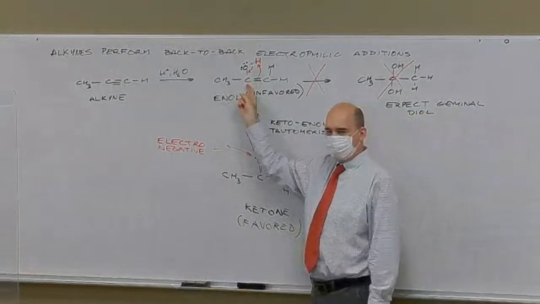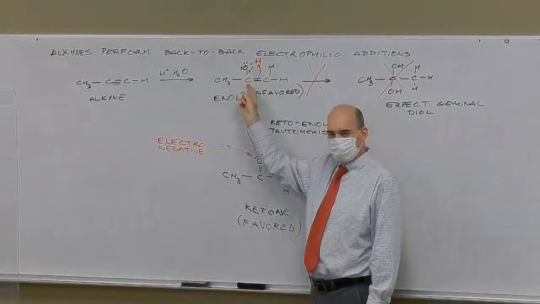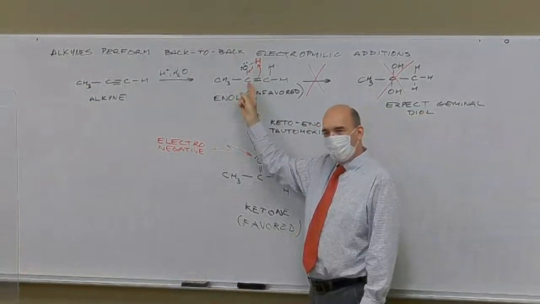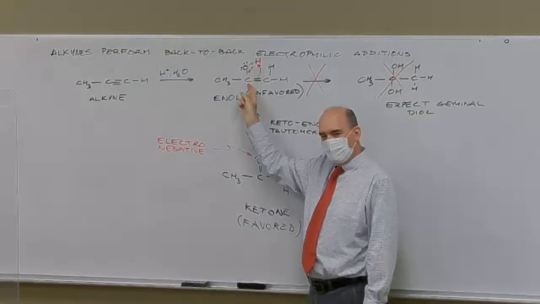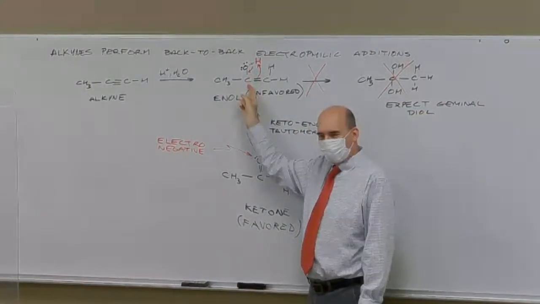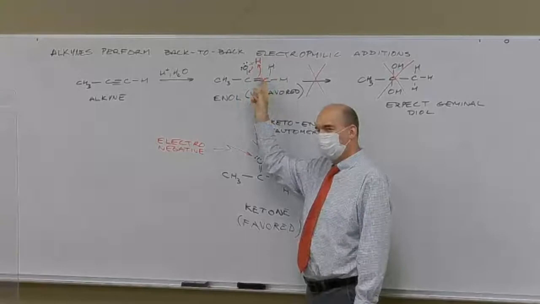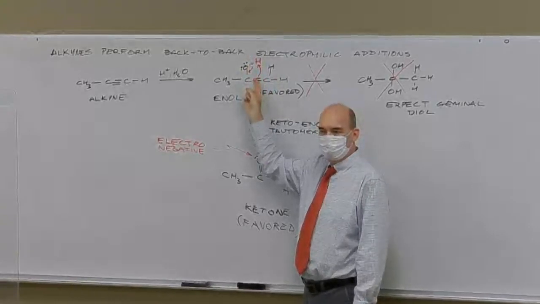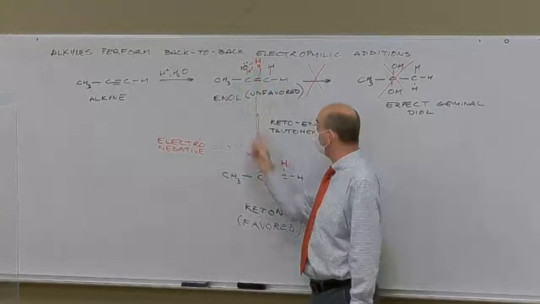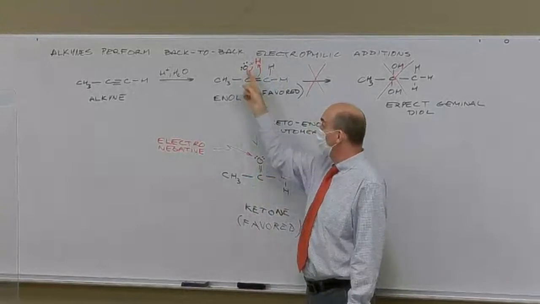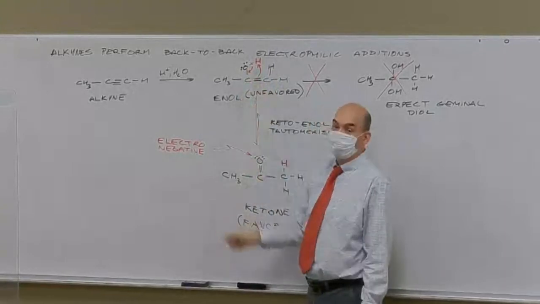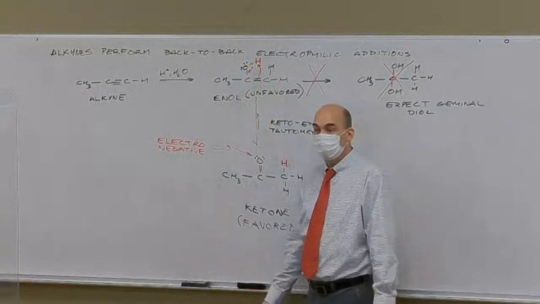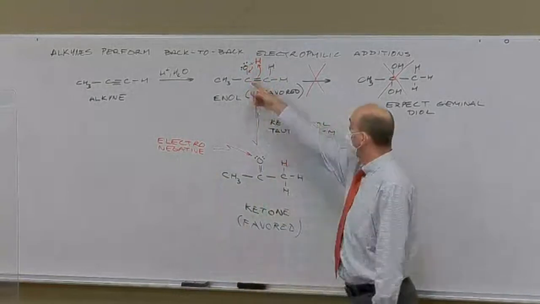So, look at this carbon. Why is this carbon giving its electrons to another carbon when it could be giving them to the oxygen? Oxygen sees the pi density of its neighbor and just says, I'll have that. I don't need this hydrogen.